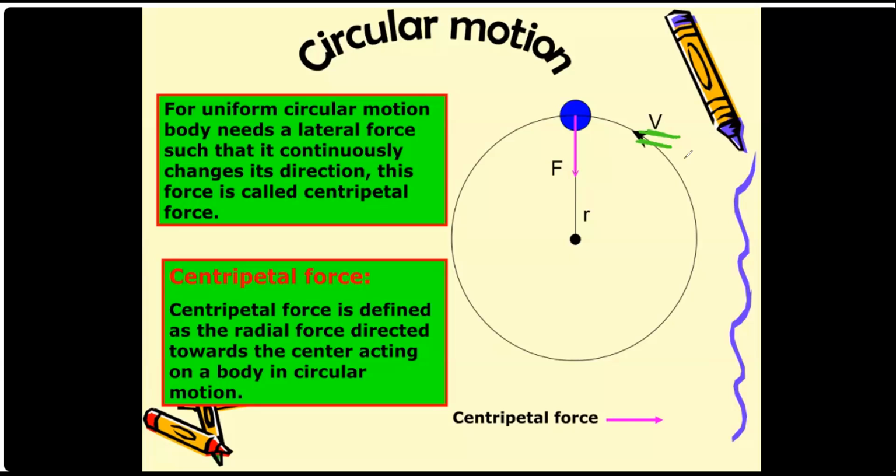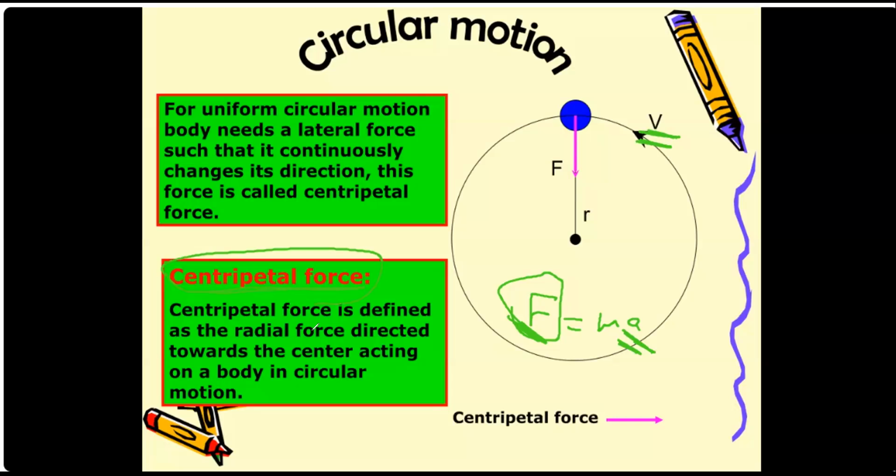Now, we just learned from Newton's laws of motion that for a body to accelerate, you have to have a force. You have to have a force, and that's the force here: centripetal force. That's the force that is actually causing this body to move in the circle.